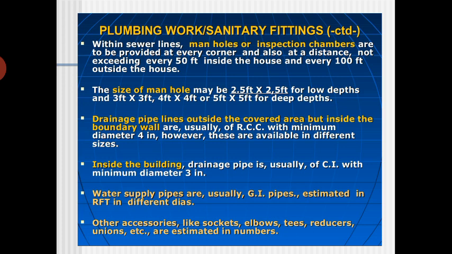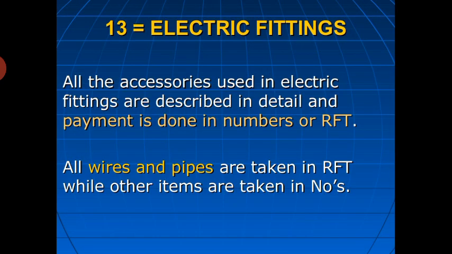For example, Finolex pipe, if you have used it, the quality is different. If you use Astral pipes, the price is totally different. So always mention what kind of company you are using whenever you are using all these fittings, because if you go for any of the pipe fittings, the Finolex pipe is almost 10% higher in price than your Astral pipes. Mention it always when you are doing the estimation.